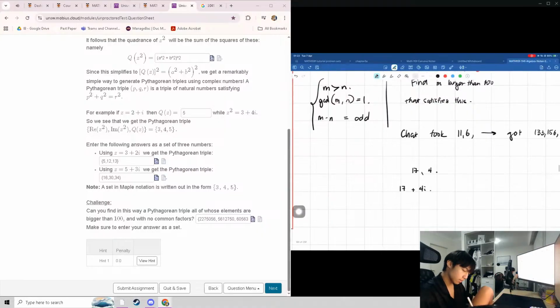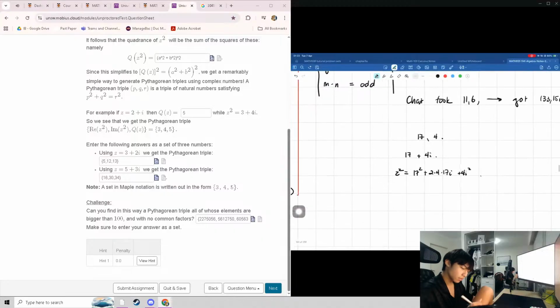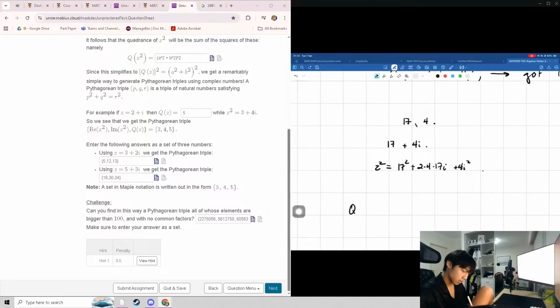Let's try it. Z squared is 17 squared plus 2 times 4 times 17 plus 4i. And the quadrance of Z is 17 squared plus 4 squared.